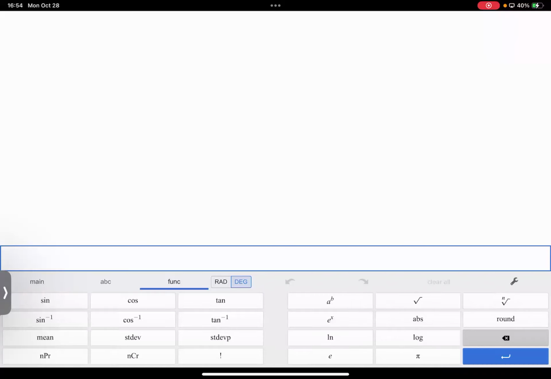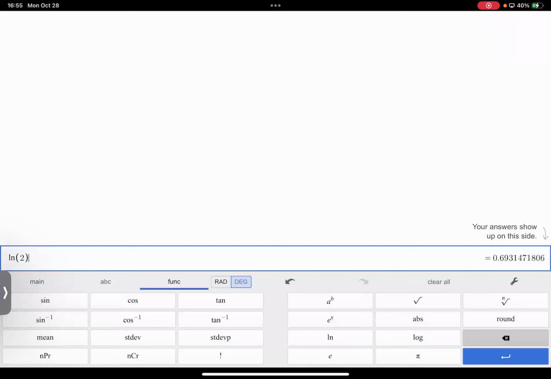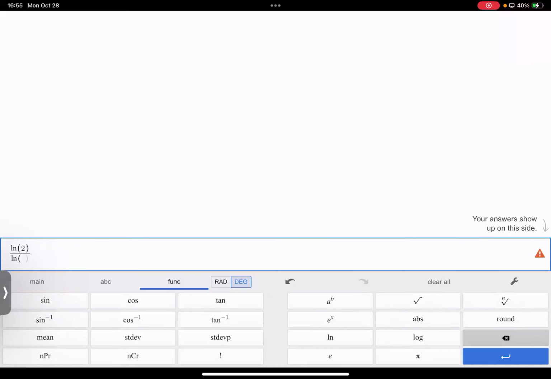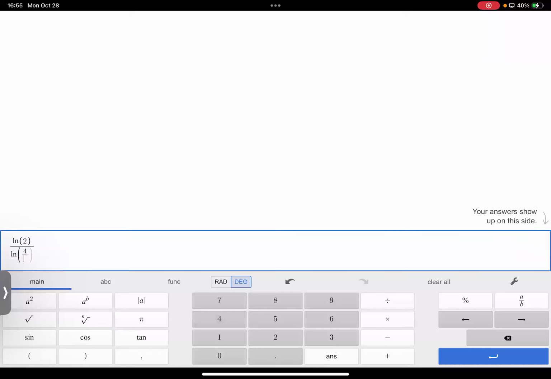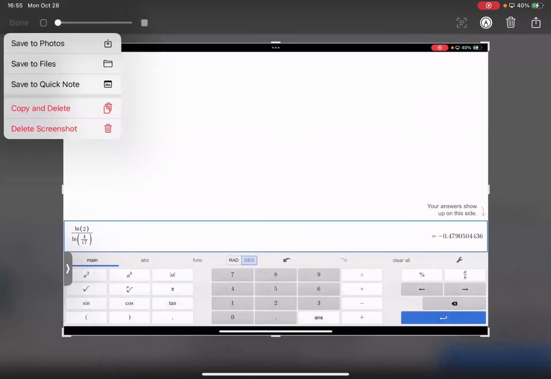If I have the natural log of 2 divided by the natural log of 4 divided by 17, for completeness, I get negative 0.47905, and so on.